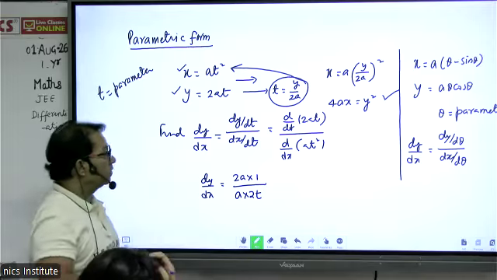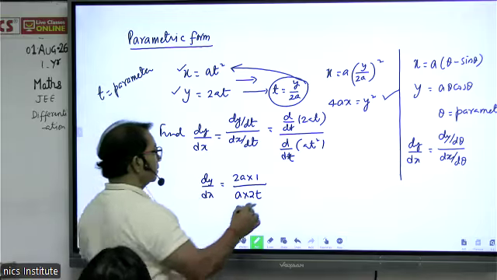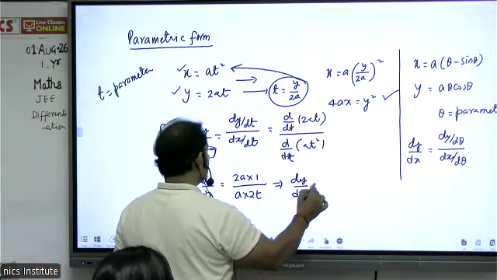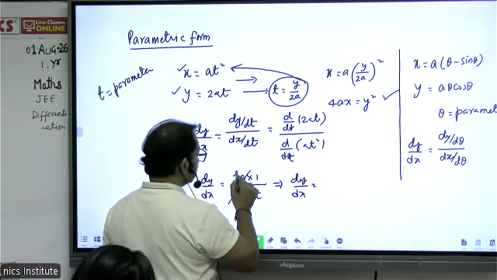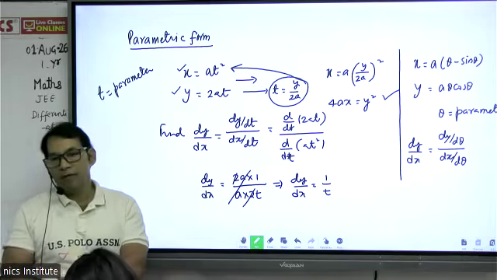Derivative of t square with respect to t would be 2t. So the answer would be dy by dx is equal to a, say a cancels, 1 by t. So dy by dx is 1 by t.